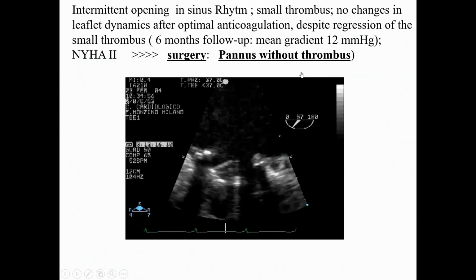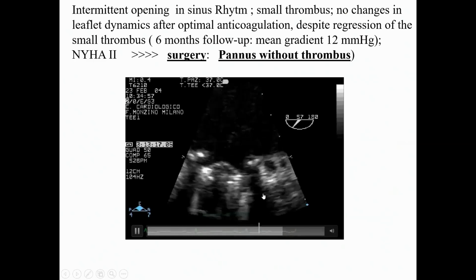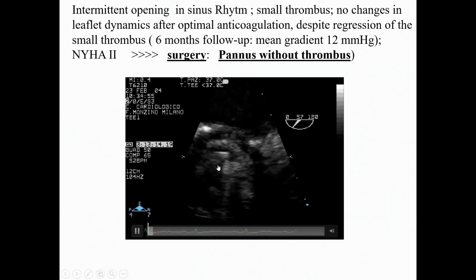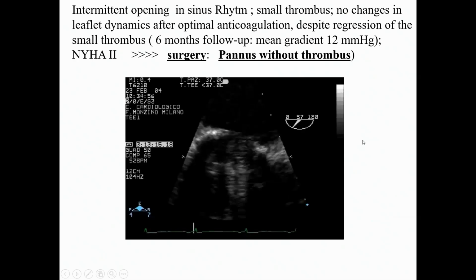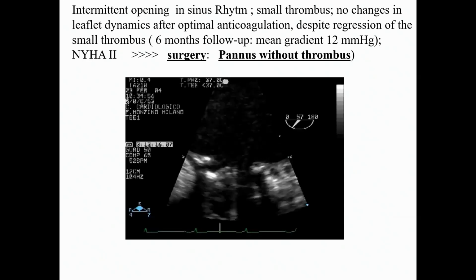In other cases, as in this case, you may observe by TOE that the disc is motionless, stuck, and then it moves. So it is an intermittent opening of one of the two discs, in this case due to a pannus.